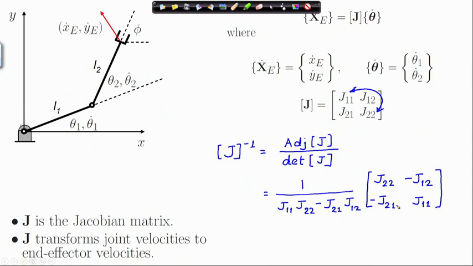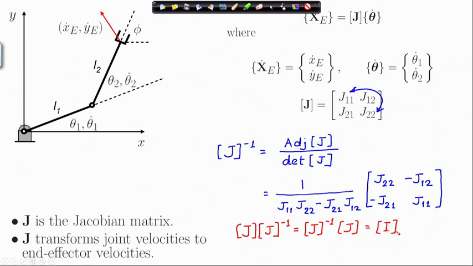And you can check very easily that j times j inverse is also equal to j inverse times j, and that is the identity matrix.